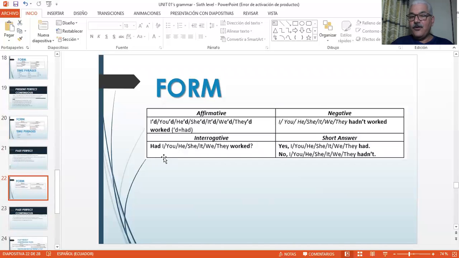The form, it's quite simple. We use the form of the verb have, which is for the past, had, in this case, and after that, we use the past participle of the main verb, okay? And then we say, I'd worked hard, or you'd worked hard when the factory was closed, okay? Or when the factory closed.